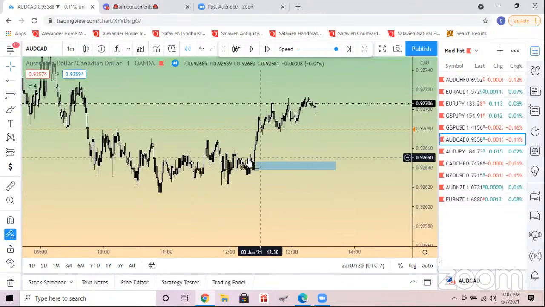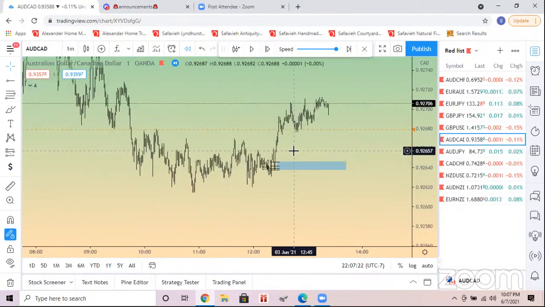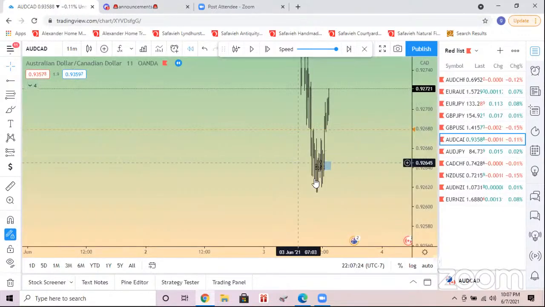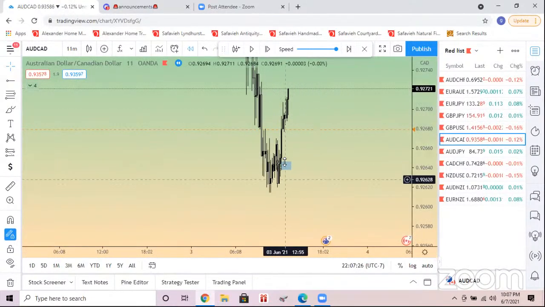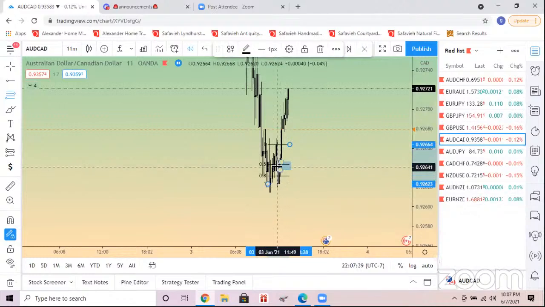I did identify this 1 minute here, but this 11 minute, so it looks like this 1 minute here that I've seen lines up with the 11 minute, the 50%. Just about, yeah.